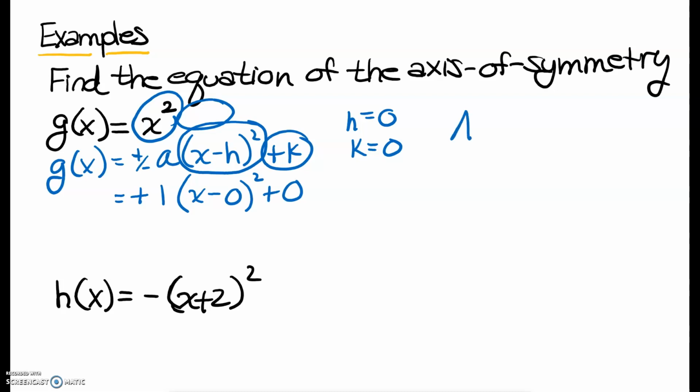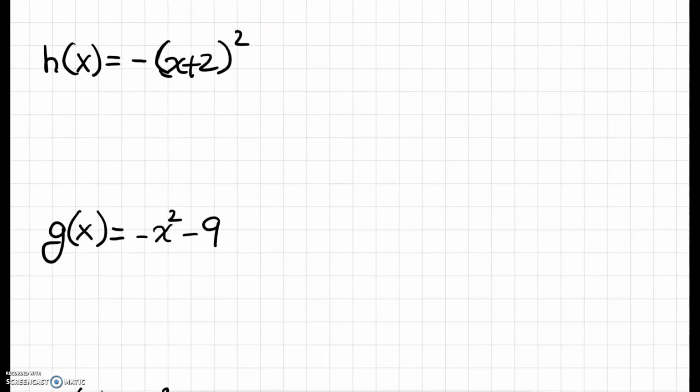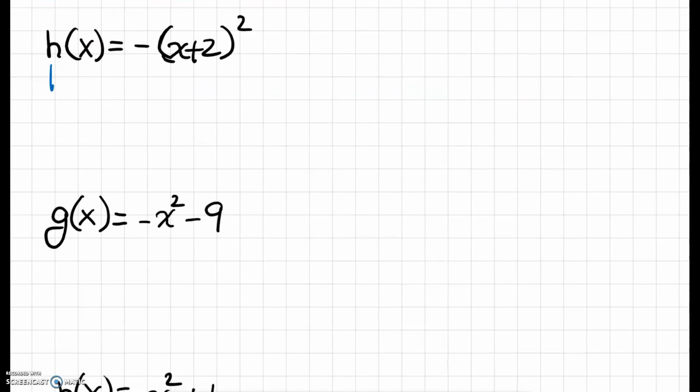So my axis of symmetry, I like to abbreviate it like AOS so I don't have to write it all out. My axis of symmetry is an equation of a line, and that equation is x equals h, and h here is 0.